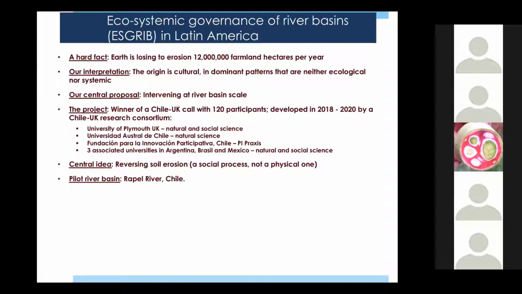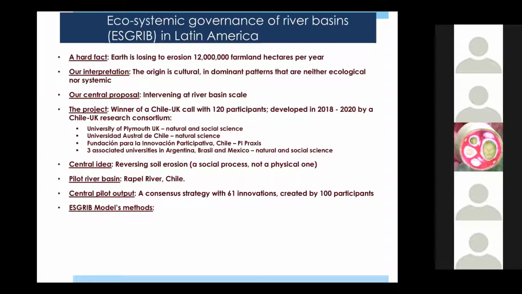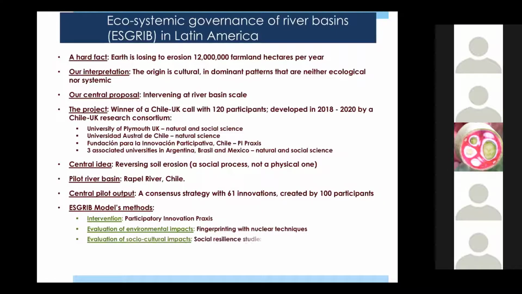The pilot work was made in the Rapel River basin in Chile. And the central pilot output was a consensus strategy with 61 innovations created by some 100 participants. We call it the SGRIB model, which involved three methods: a method of intervention, participatory innovation praxis; evaluation of environmental impacts, fingerprinting with nuclear techniques, the network of our associated people in natural science; and evaluation of sociocultural impacts, a social resilience study.